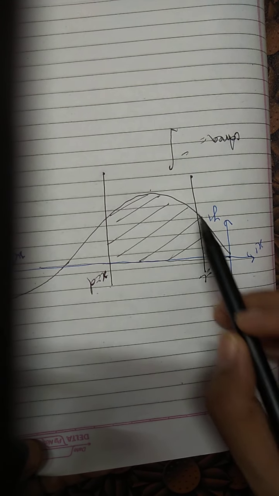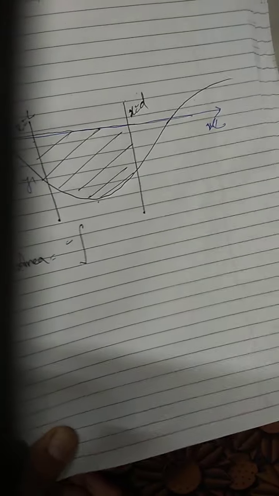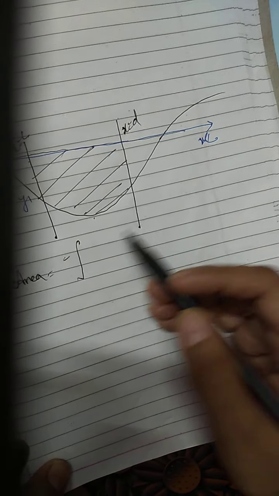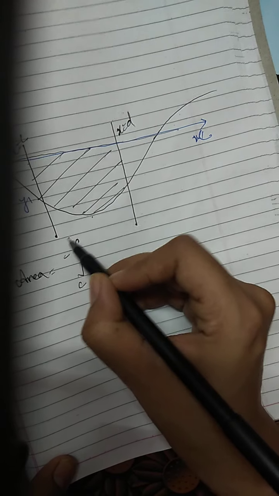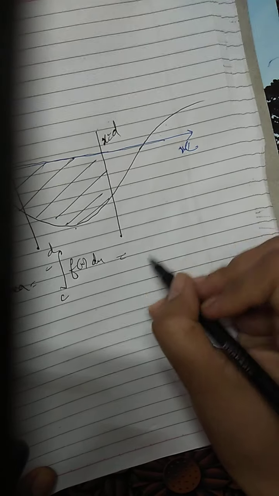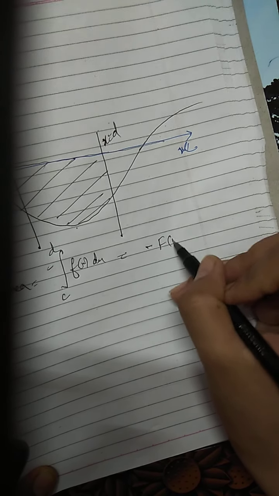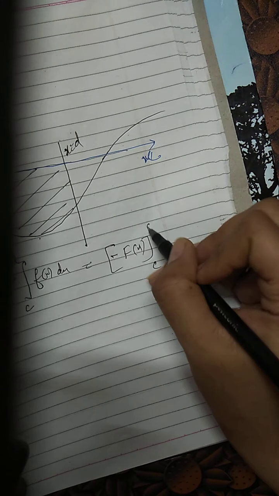The only problem is the curve is now below the x-axis, so it means our area can come out negative. For example, if I take the integral from c to d, it comes out as minus of f of x with the limits c to d.